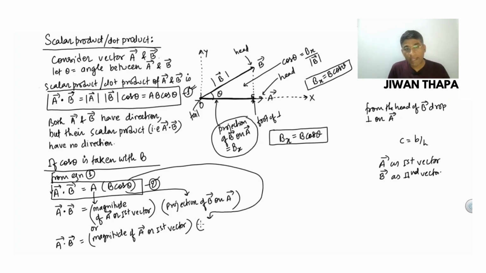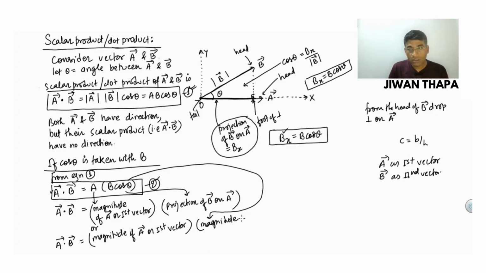This is the magnitude, we know it is bx, clear, the magnitude of the component of vector b in the direction of vector a.